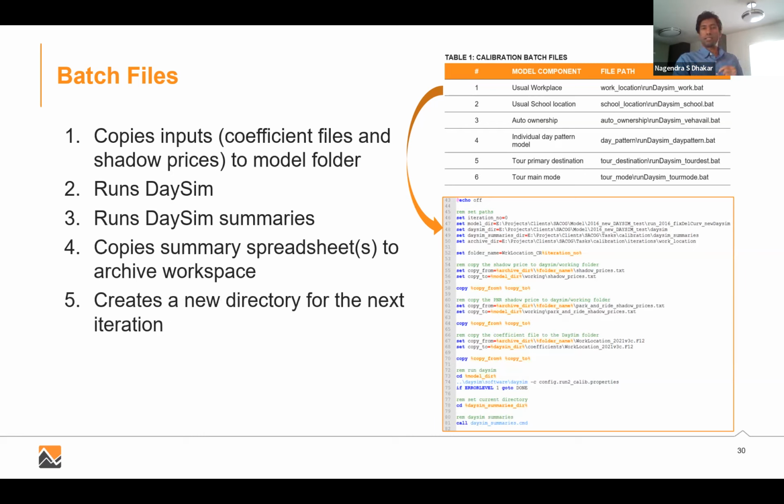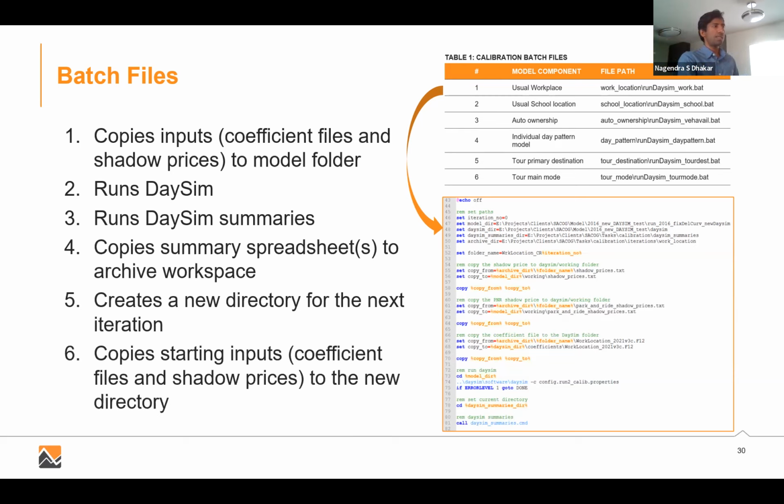And then it also creates a new directory for the next iteration, which is going to be CR1 if you're running iteration number 0. And then it also copies the initial set of inputs, the coefficient files and shadow prices, to the new iteration folder, so that when you work on it, you have something to start with to update the files.